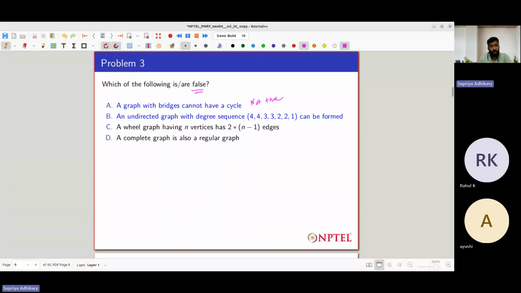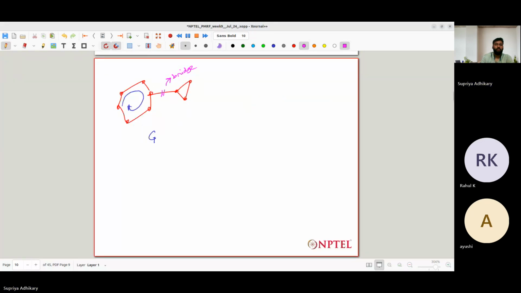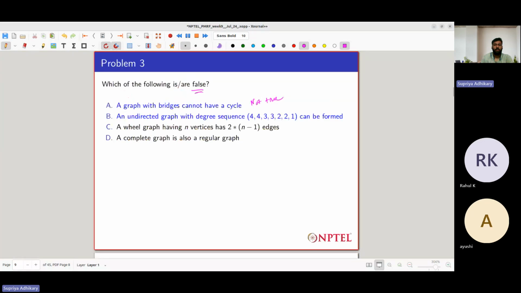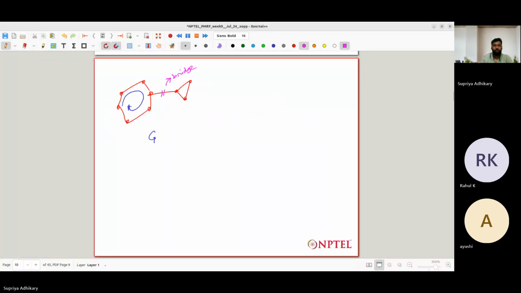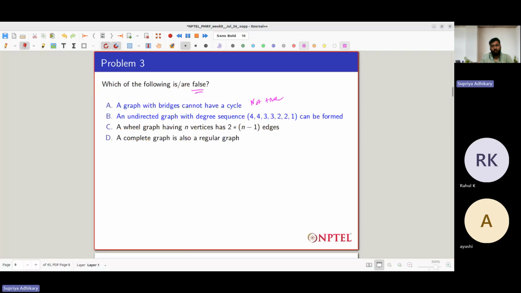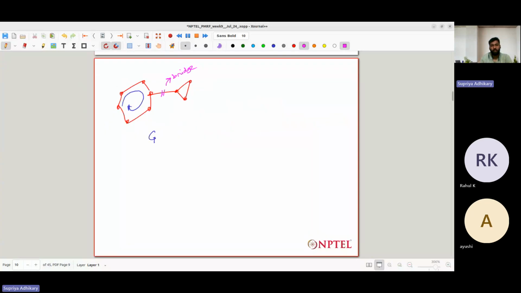The second statement is that an undirected graph with degree sequence 4433221 can be formed. So we have to check whether this degree sequence is possible or not. So let's check that. There are 1, 2, 3, 4, 5, 6, 7, sorry, so there are a total of 7 vertices.